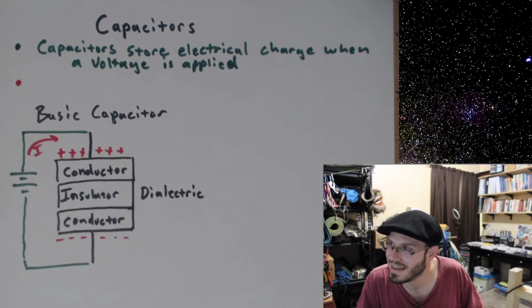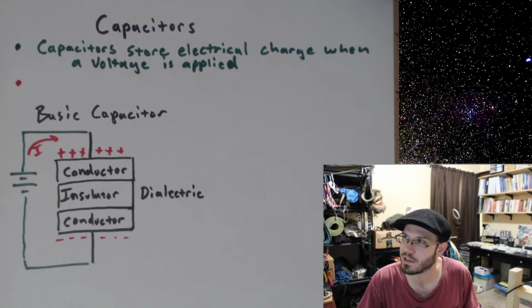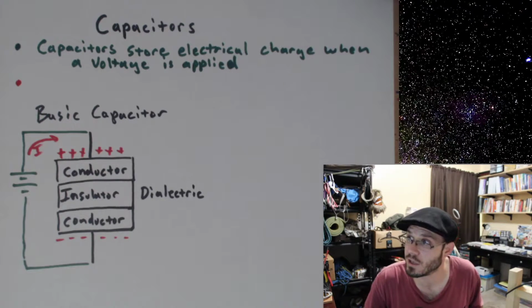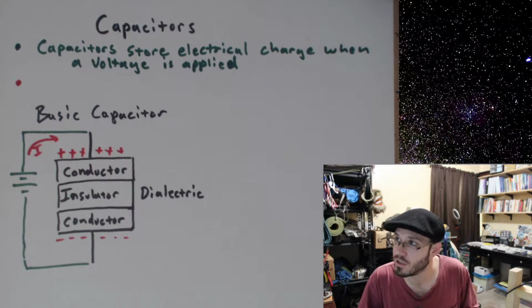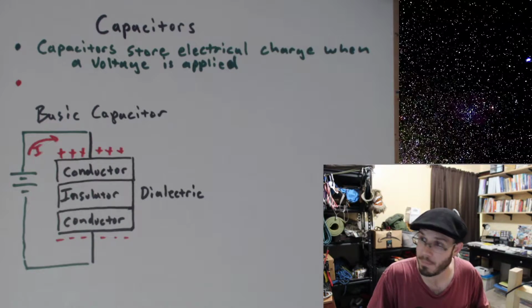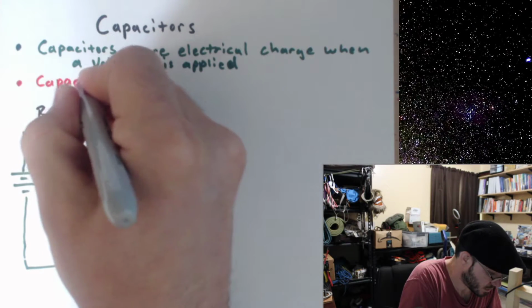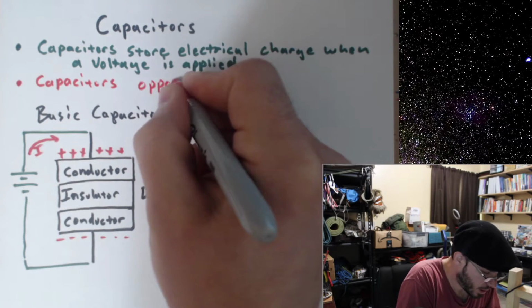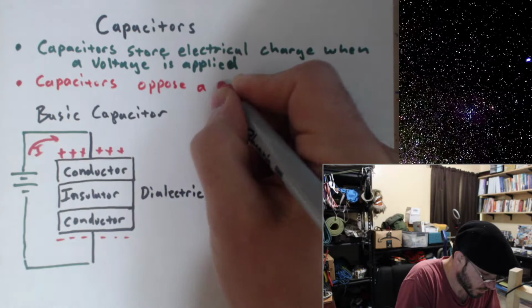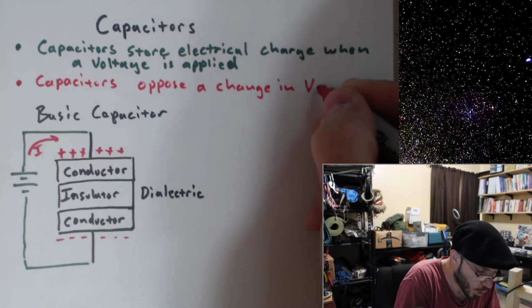Now, when I talked about inductance, I said inductance opposes a change in current, and resistors oppose the flow of current. Inductors oppose a change of current. Capacitors, I'm going to make a similar statement about capacitance. Capacitors oppose a change in voltage.